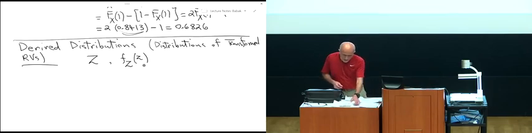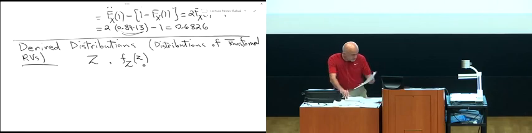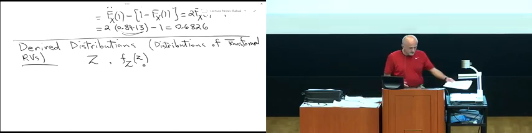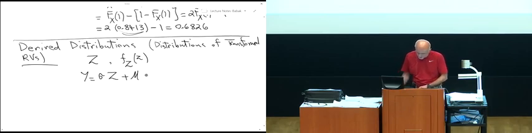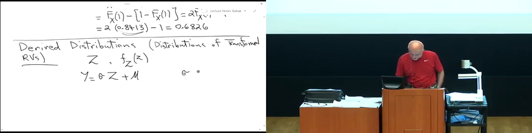And I define a new random variable, Y, which is sigma Z plus mu, where sigma is a real number and mu is a real number.